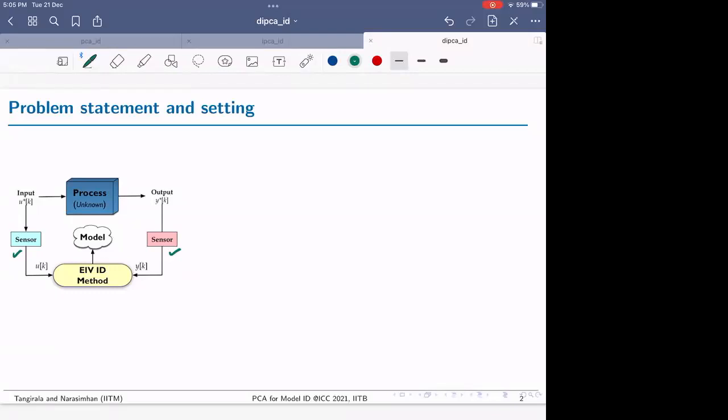So again, putting things in perspective, since yesterday we started with steady state, where we said we need to identify the constraint matrix A. And then for the homoscedastic case, we said we just need to identify the error variance that is common to all channels. And this is where we used PCA. And from here, we went to, again, steady state identification.